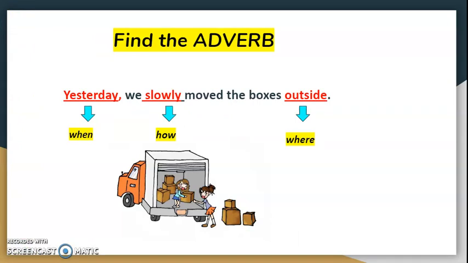The adverbs are yesterday, slowly, and outside. Slowly tells us how an action happens, and it ends with ly. Yesterday tells us when the action happens. Outside tells us where the action happens.